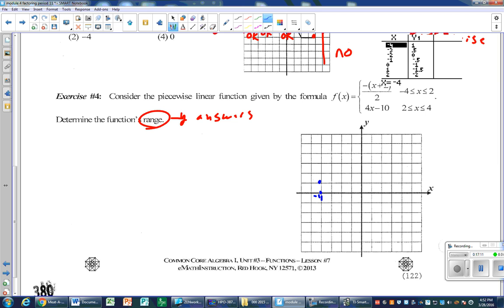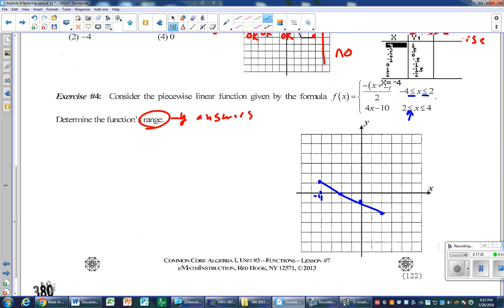The output is a 1, then -2, the output is a 0, and at 0, the output is -1, and then at 2, the output is -2. Now, this one, both of them are underlined, so we will go like that.